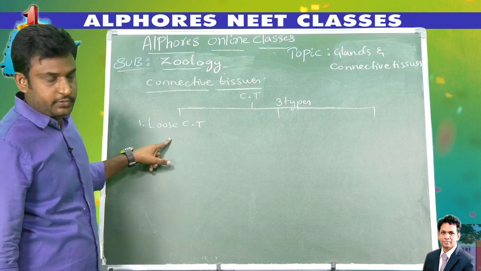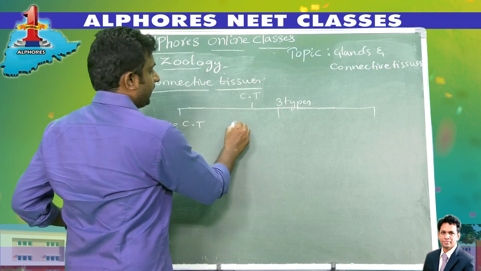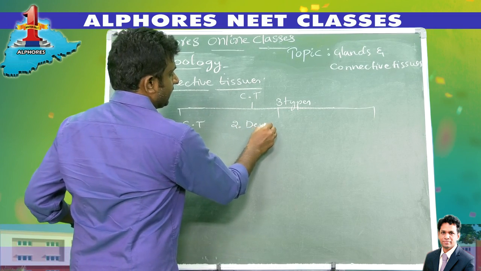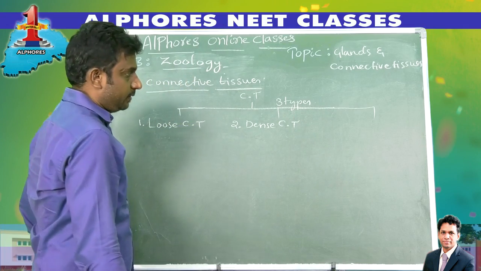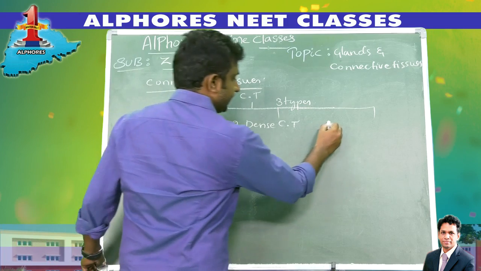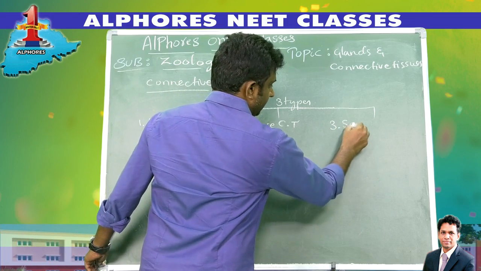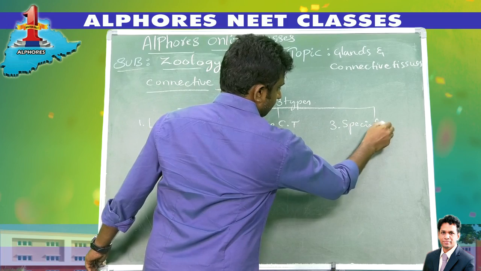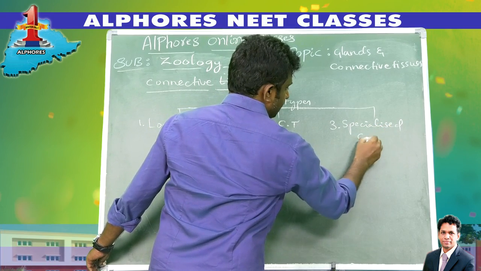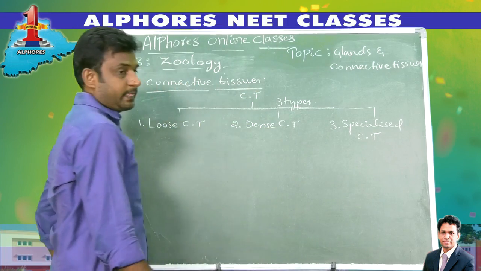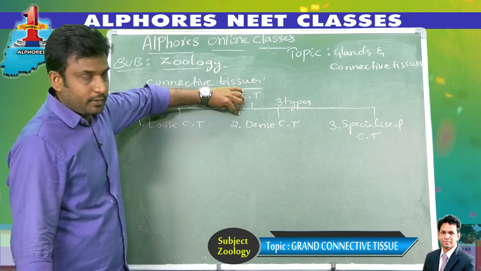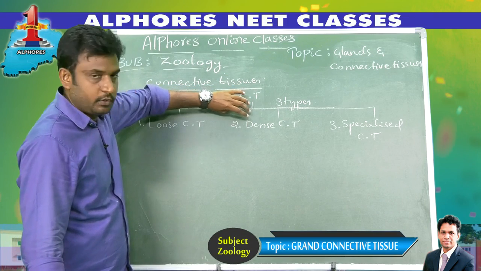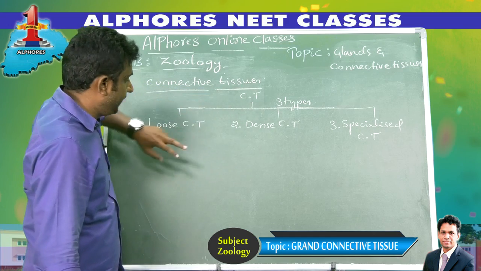The second type is the dense connective tissues. Then specialized connective tissues. Three types of connective tissues are present in the human body.